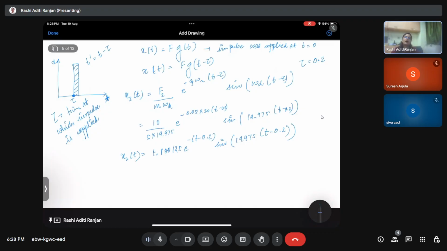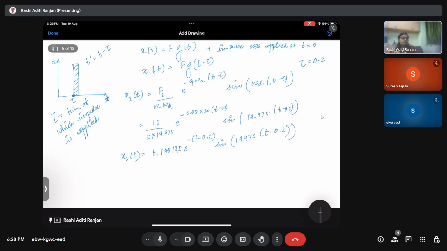Okay, but now we have two cases. We have divided our impulse that is applied into two parts. First, we have considered and found the solution for when the impulse is applied at t equals 0. And second, the solution that we found out was when the impulse is applied at tau, right? Now if we have two solutions, we can just sum up these two solutions and get the final solution.